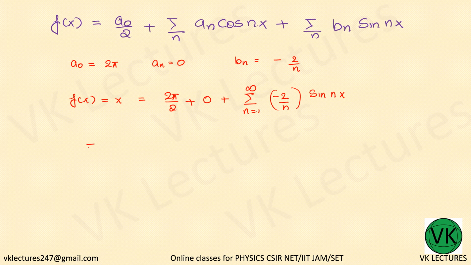So let's write down the terms. Pi, plus when n equals 1, this will be minus 2 by 1 into sine x, plus when n equals 2, minus 2 by 2 into sine 2x, then minus 2 by 3 sine 3x, and it goes on.